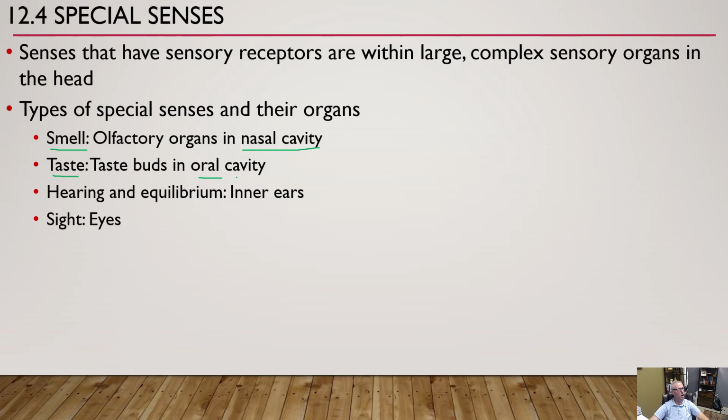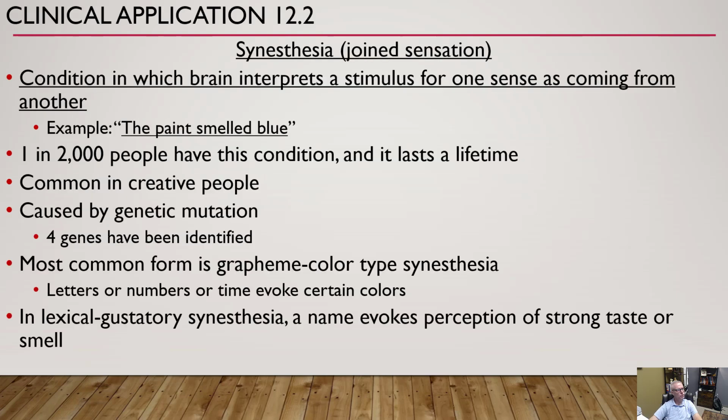Taste buds are in our oral cavity. Hearing is in our inner ears. Actually, our inner ears do not only hearing but also our equilibrium. You get dizzy on a roller coaster or sitting in the back seat of a car. Sight is with our eyes.